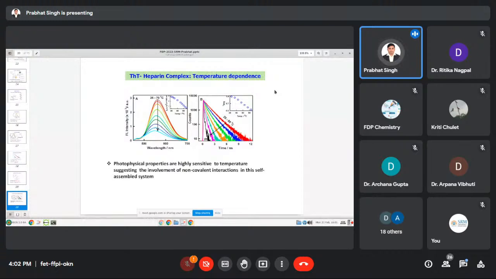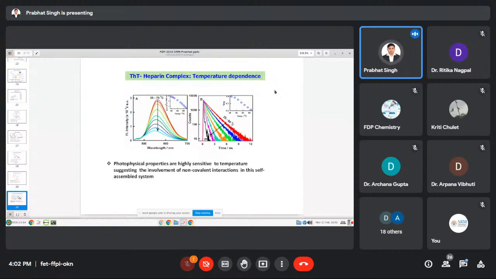Thioflavin T is associated through some electrostatic interaction, and then ThT molecules have some pi-pi interaction among them. Now, these kinds of non-covalent assemblies are known to be sensitive to temperature, because these are weaker interactions. You cannot break a covalent bond with temperature. Probably you can, but you really need to go to very high temperature. So non-covalent assemblies are known to be sensitive to temperature.